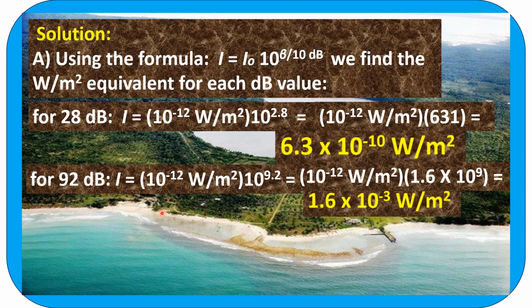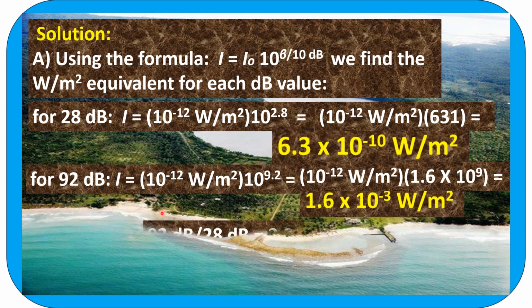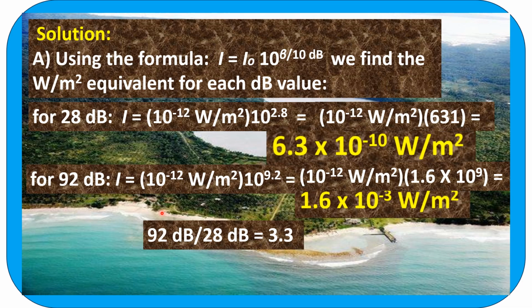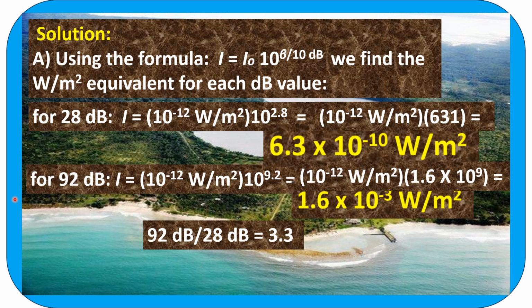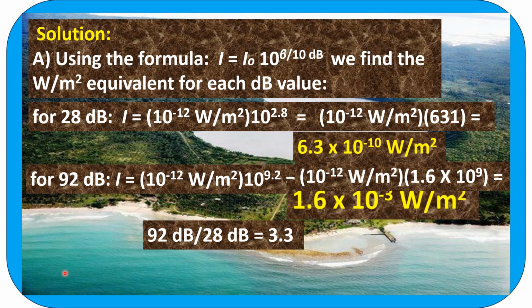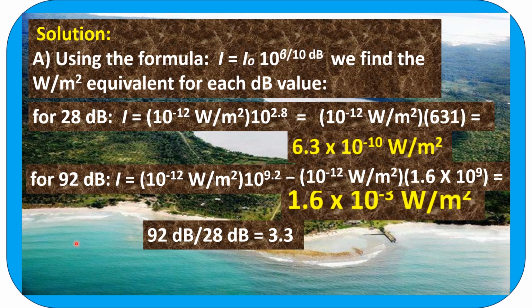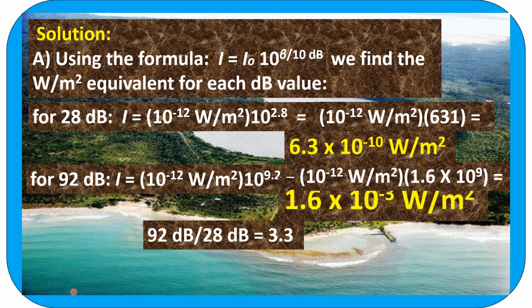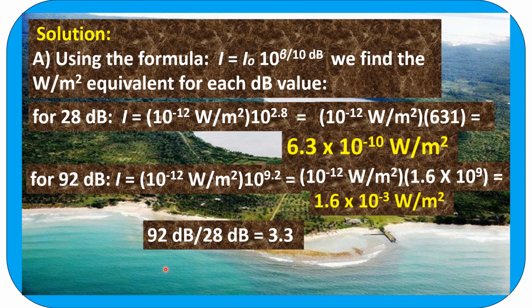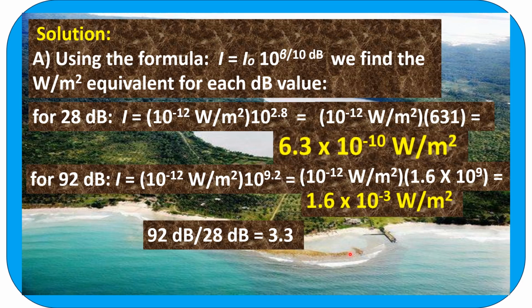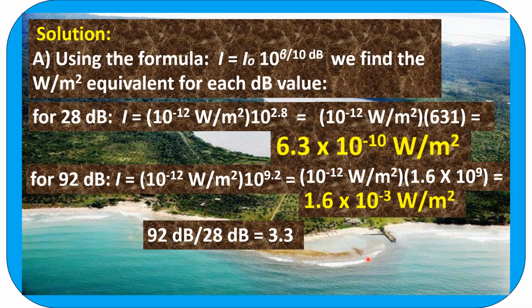Now, in answering letter B, you might be tempted to divide 92 decibels by 28 decibels, since we are asked to determine how many times is 92 decibels more intense compared to 28 decibels. All right. Now, if you do this procedure, dividing 92 decibels by 28 decibels, and get the ratio 3.3, the truth is this is not correct.